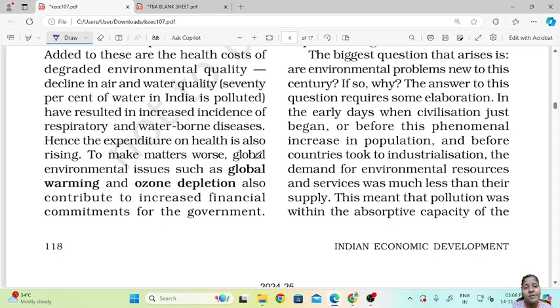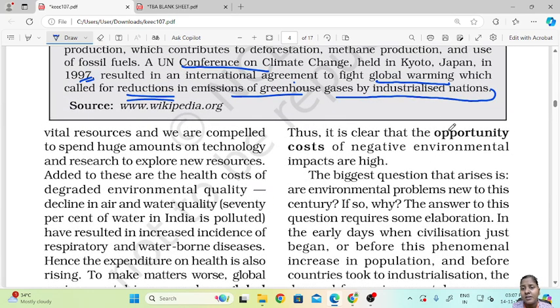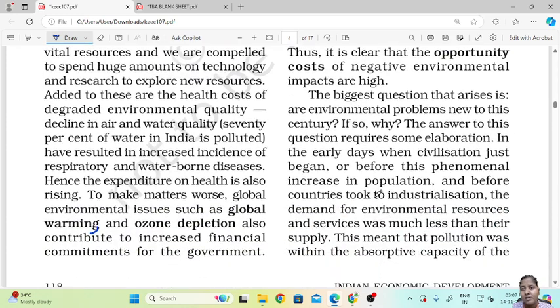Here we have learned about global environmental issues, such as global warming and ozone layer depletion. Thus it is clear that the opportunity cost of negative environmental impact is higher. But the question arises: are environmental problems new to this century?